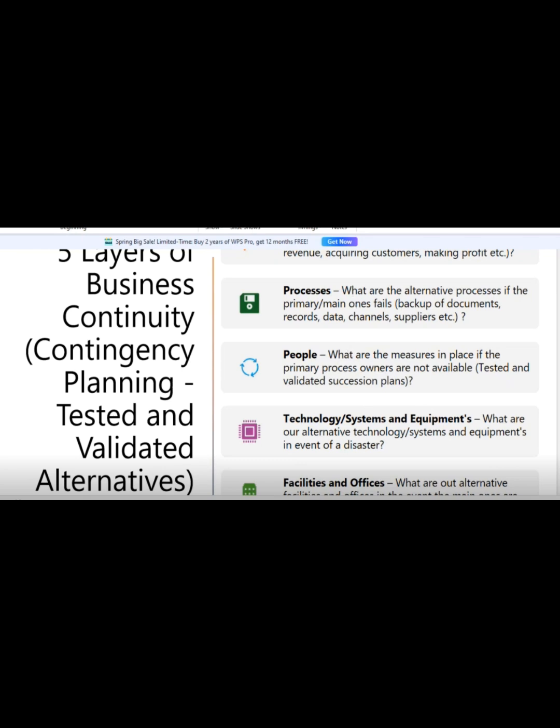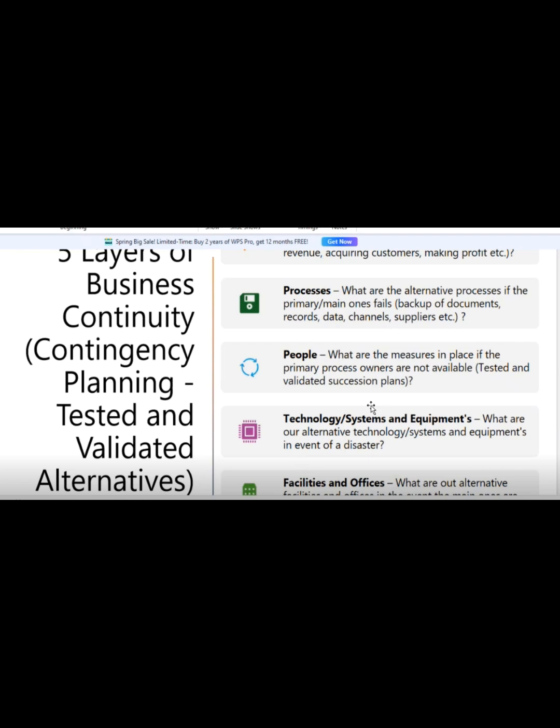Okay. And then the people: what do we do when maybe the champion resigns, or the person calls in sick? What do we do? Are we saying that if this key person is not available, then the organization would have to pause their operations just because maybe the HR is not available, or the key person for a process is not available?